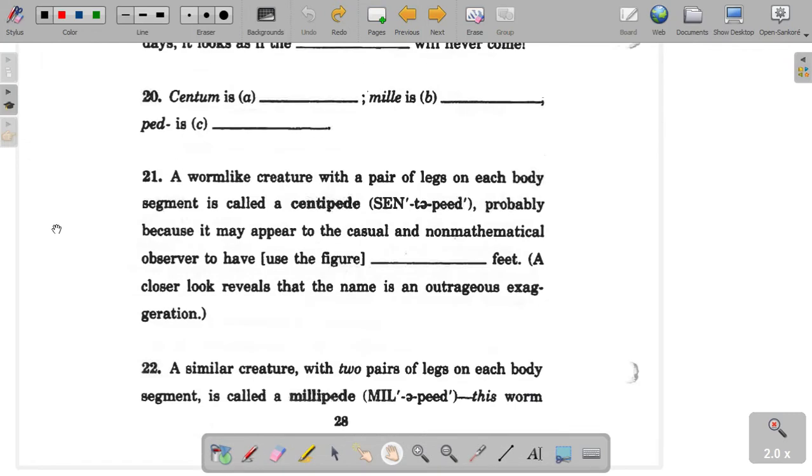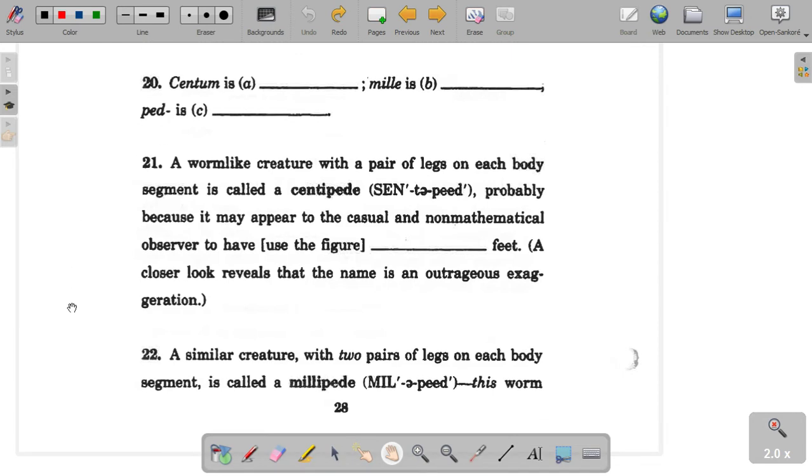Let's see. So centum is what? Million. No, centum is 100, like century. And then milla is? A million, right? No, I'm sorry, 1,000. And then a ped is? Feet. Right.